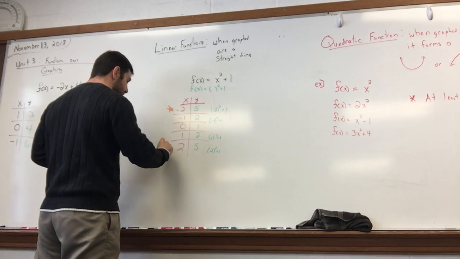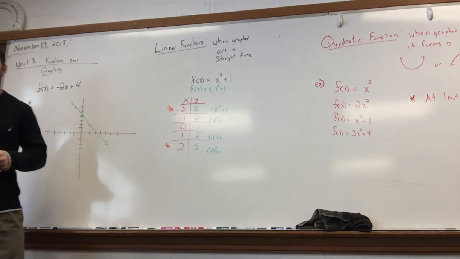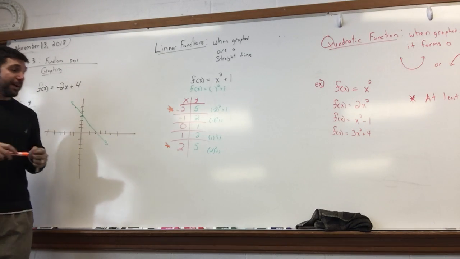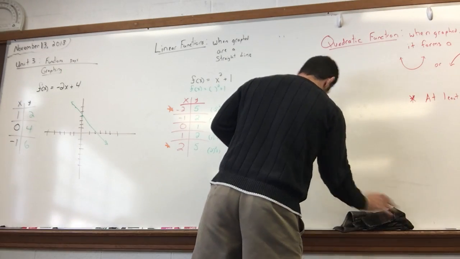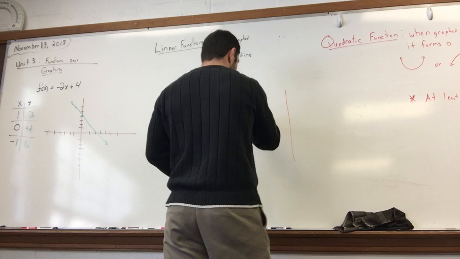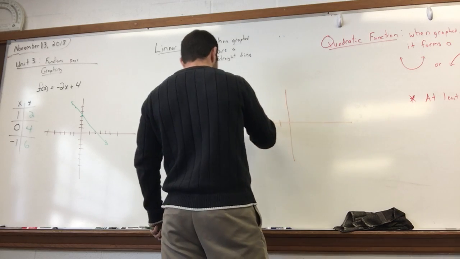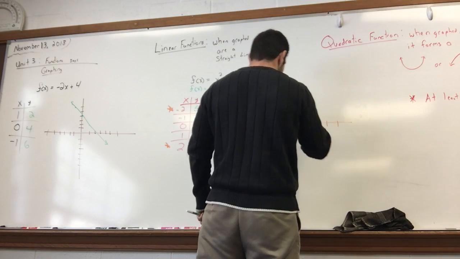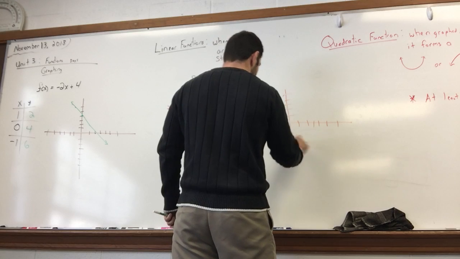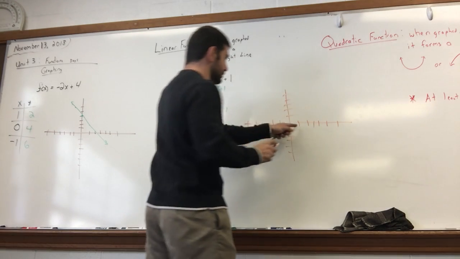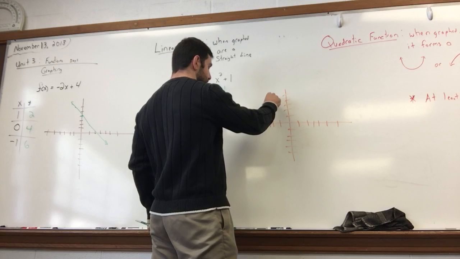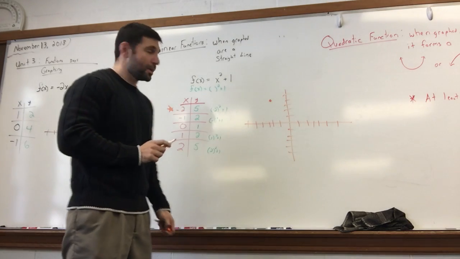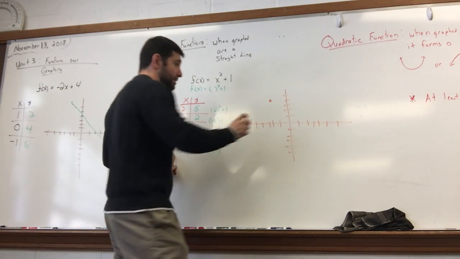Negative 2 and 2. They are opposites. Would everybody agree with that? When I graph, 1, 2, 3, 4, 5, 6. 1, 2, 3, 4, 5, 6. Negative 2 is 2 to the left, up 5. Does everybody agree with that? Its opposite is positive 2.